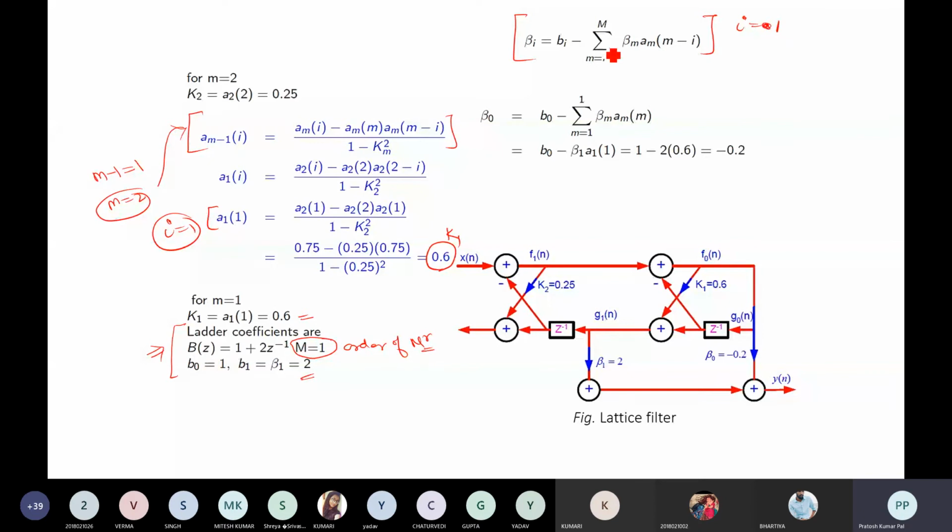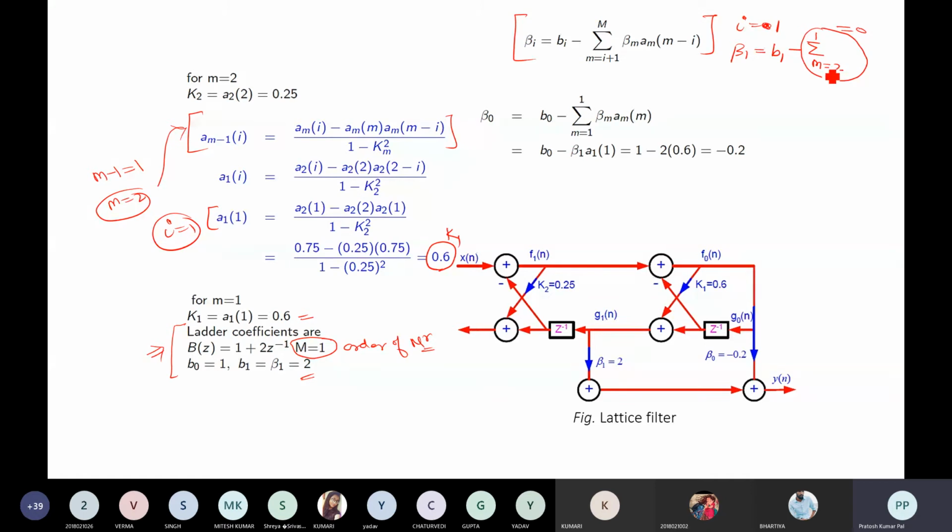If we put i equal to 1, then beta 1 is equal to b1 minus summation, i equal to 1 we have put. So m is equal to 2 to the highest power 1. Here it is saying to change m from 2 to 1, which is actually not possible, so that will be 0.